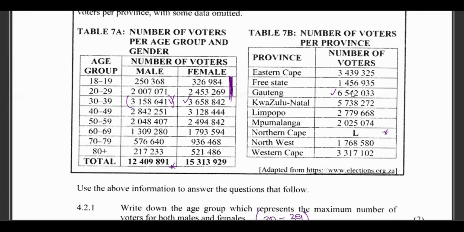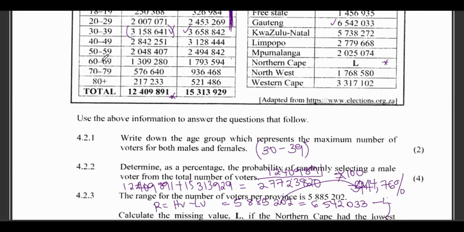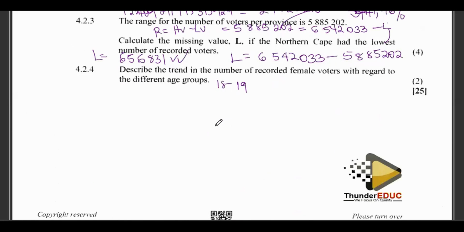The number increases from age group 18 to 19 to 60 to 69 and starts dropping from 70 to 79 till 80 plus. You know, the trend, the change, you have to mention that. So you say age group from 18 to 60, 69.